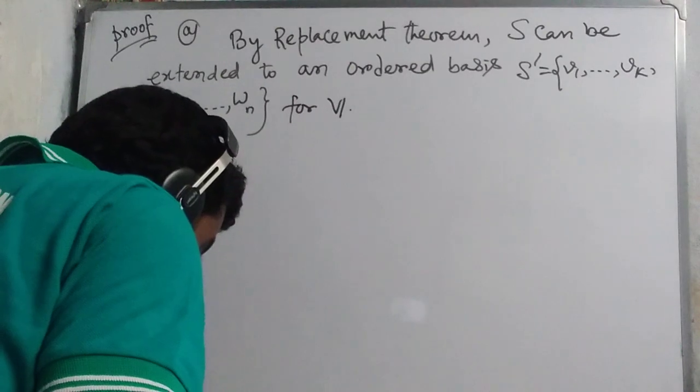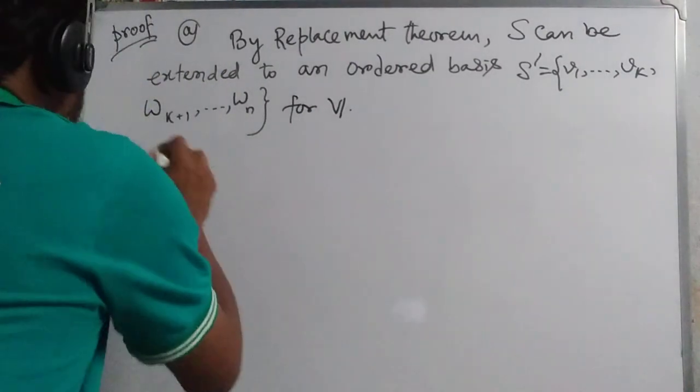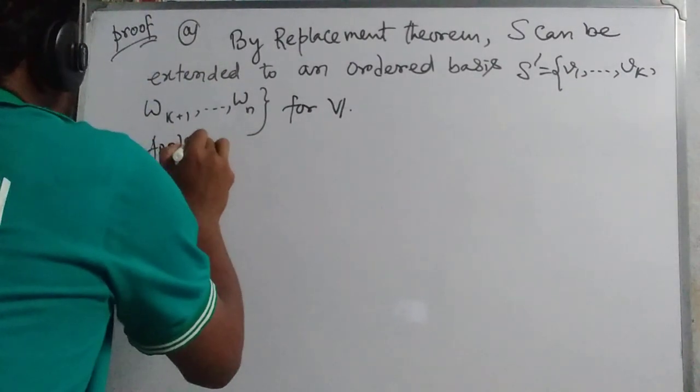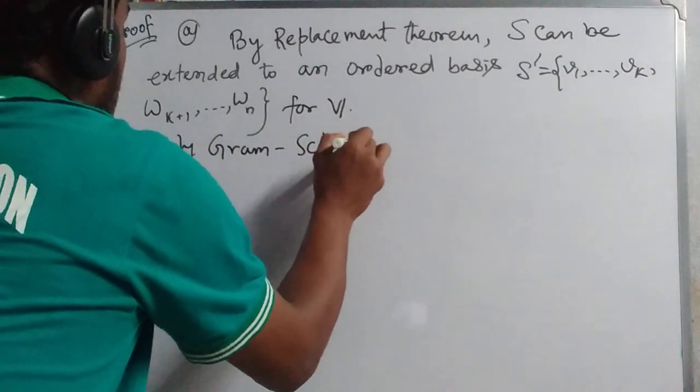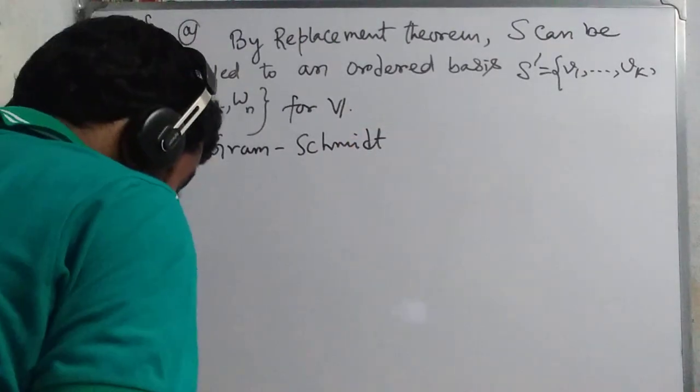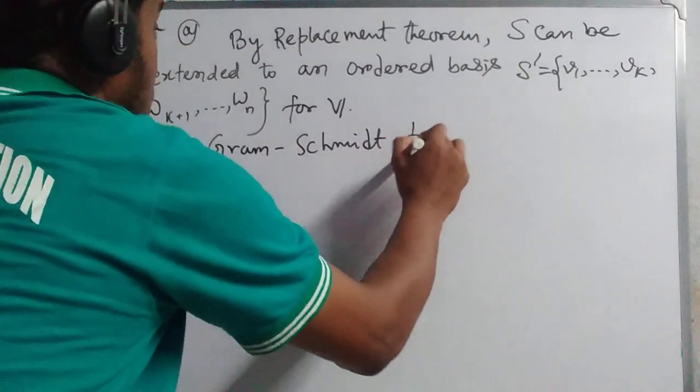Then we apply the Gram-Schmidt process to S dash.